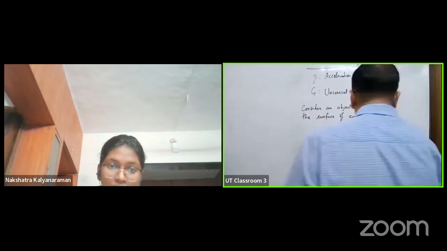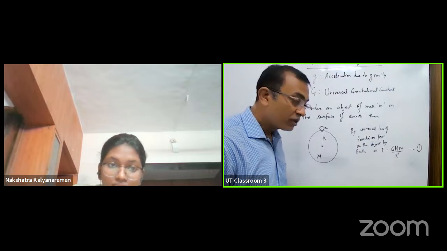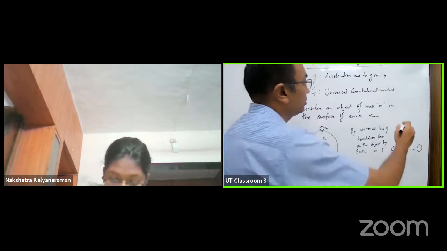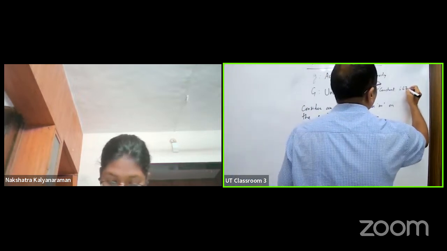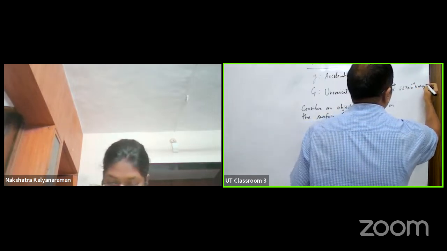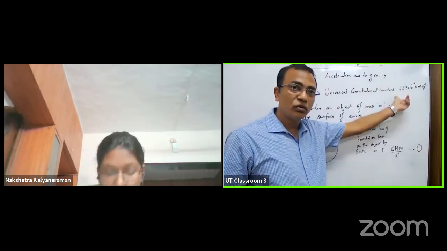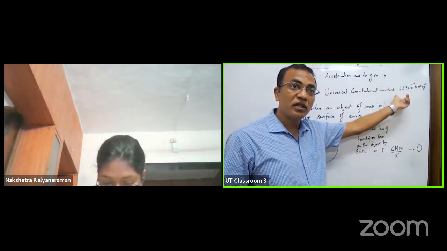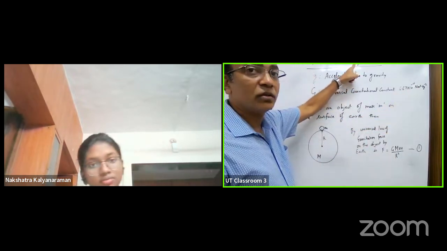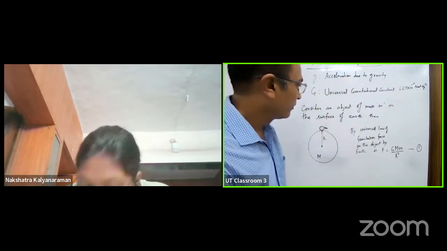Capital G is the universal gravitation constant and its value is 6.67 into 10 raised to minus 11 Newton meter square per kg. This value will be given to you. You don't have to derive this because it is experimentally calculated. But what we are trying to do is find the value of acceleration due to gravity of Earth.